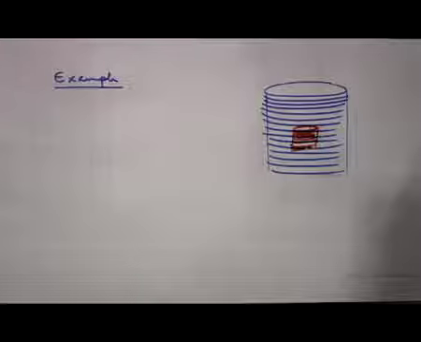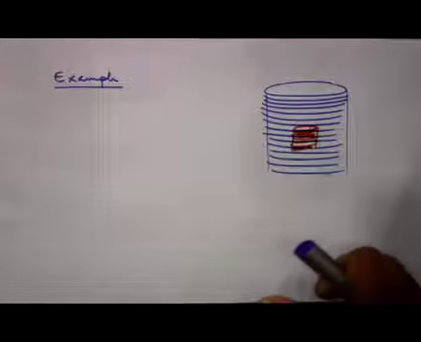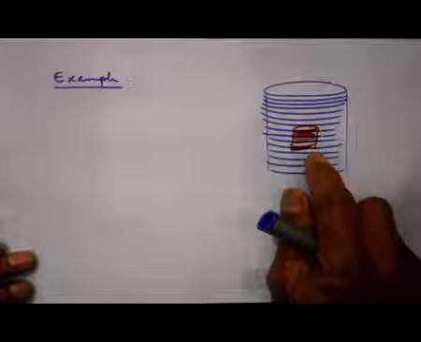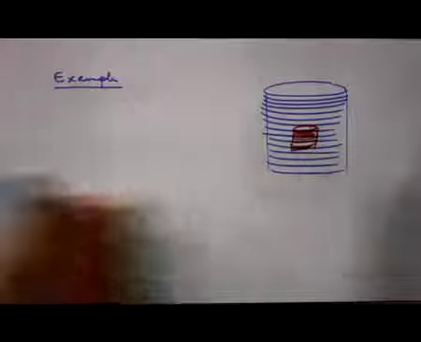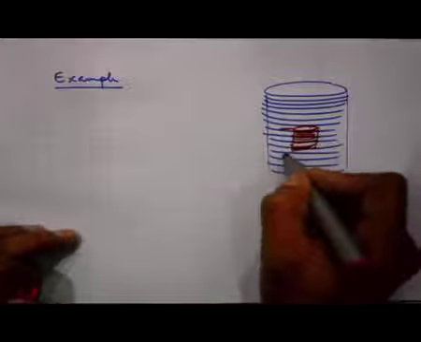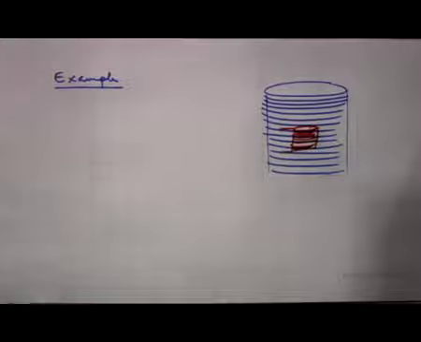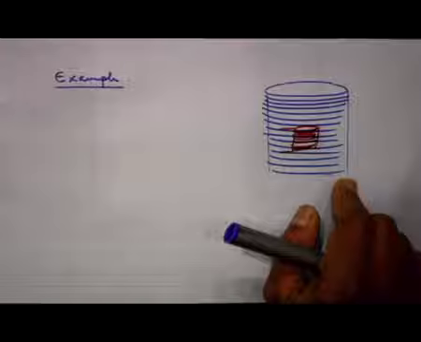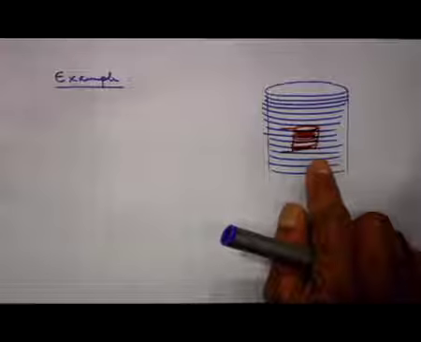Now, my objective is to calculate the flux enclosed by the outer solenoid when I pass a current through the inner solenoid. So, I want to calculate the mutual inductance. So, I want to find out what is the flux enclosed by the outer solenoid when I pass a current I through the inner solenoid.